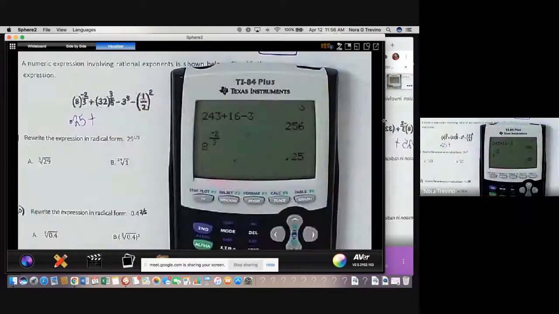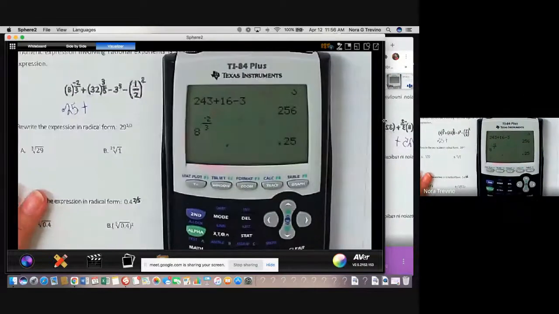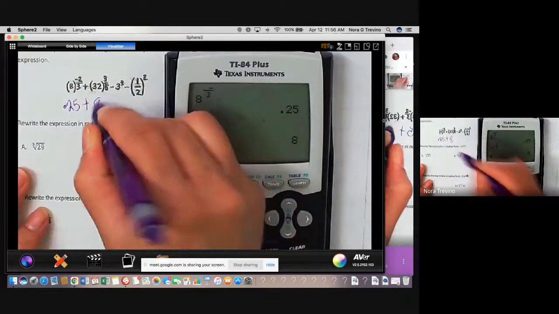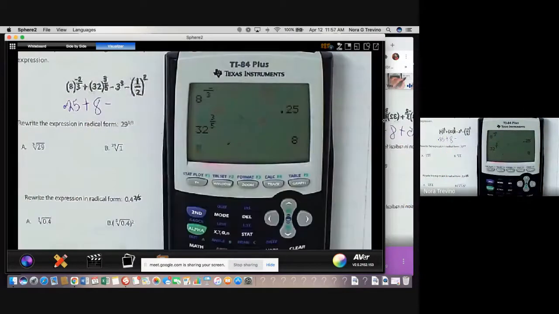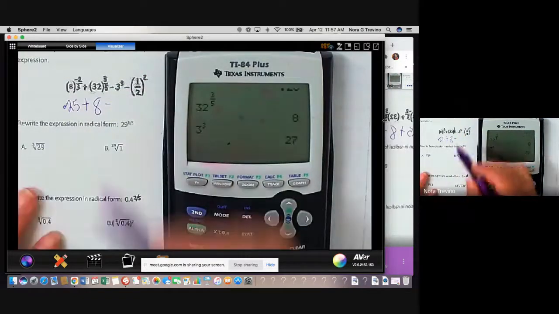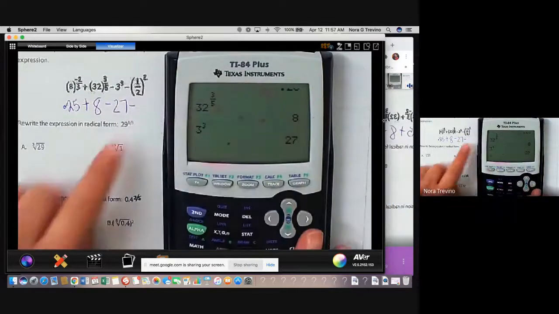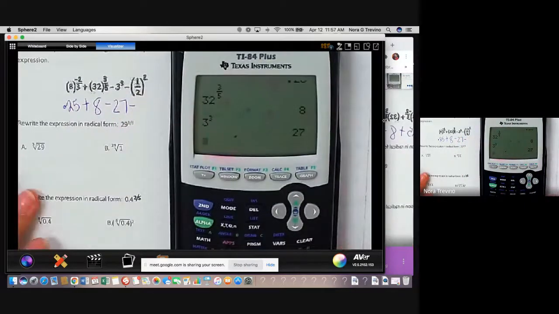Plus 32 raised to the 3/5. 32 raised, alpha y equals enter, 3/5. That's 8. Minus 3 cubed. 3 cubed. That's 27. Minus half squared.